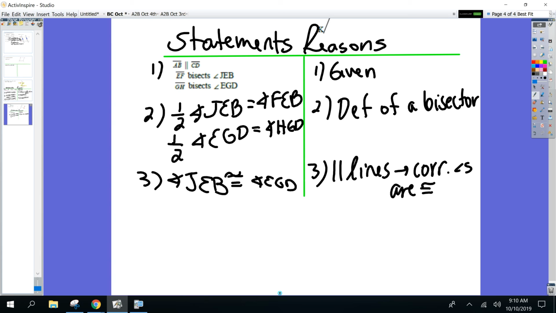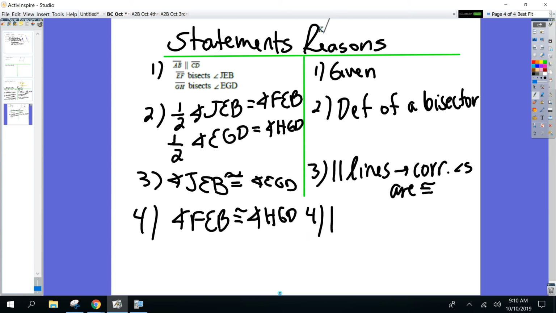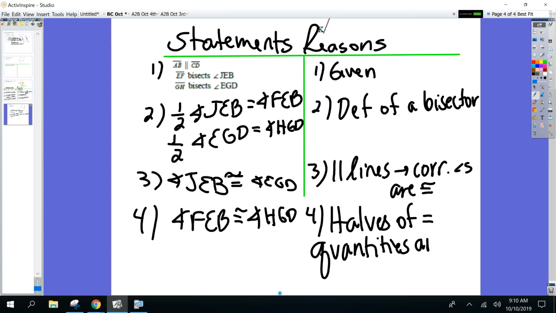Absolutely. You could have done this first and then the halves second. That's fine. So finally, we're ready to say angle FEB is indeed congruent to angle HGD. Now we can say halves of equal quantities are equal.